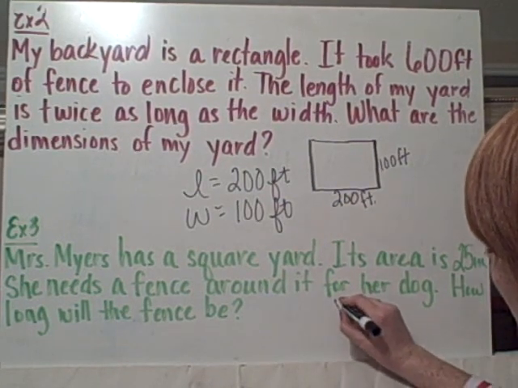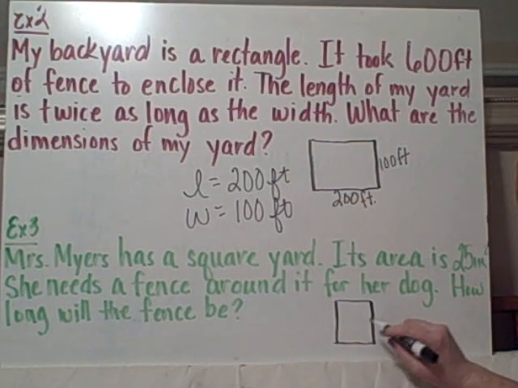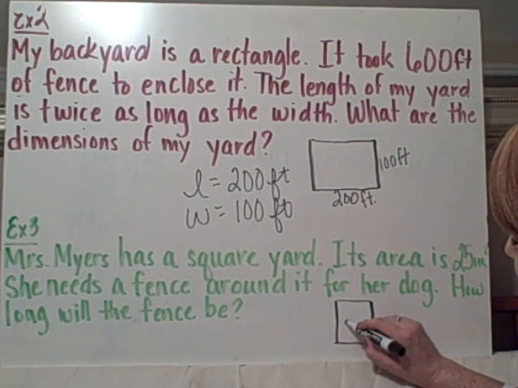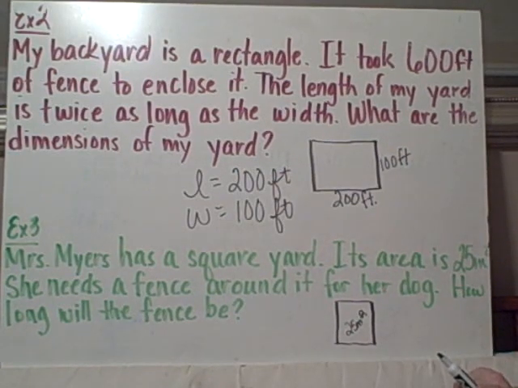So if I, again, draw a picture, and I know that the inside here is 25 meters squared. If it's a square, I know that the sides have to be the same length. So in my mind, I need to ask myself, what times itself gives me 25? That happens to be 5.